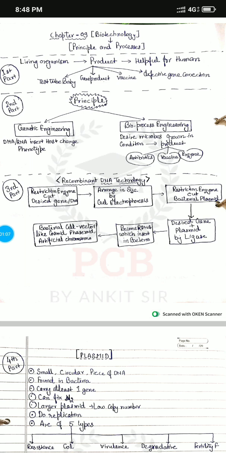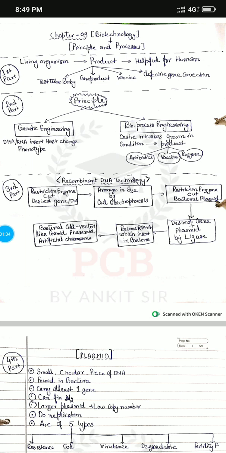The product may be of any type, like a test tube baby, a gene product, a vaccine, or any type of defective gene correction. This is the first part. So the question arises, what are the products formed by the living organism? Why is biotechnology important? Many times the question arises.